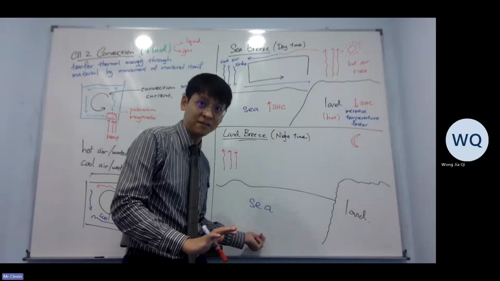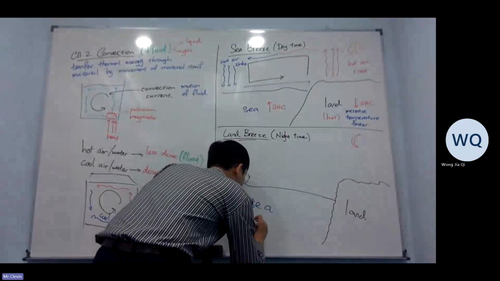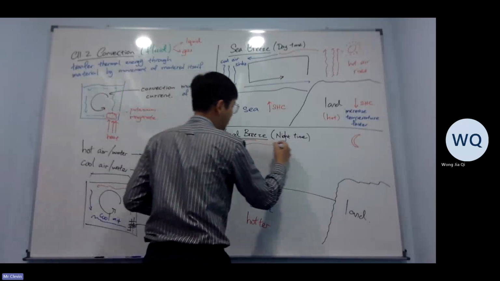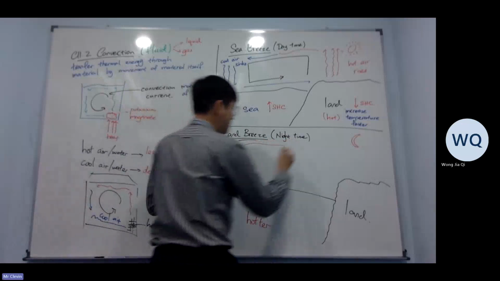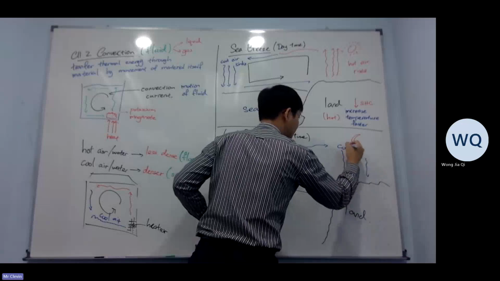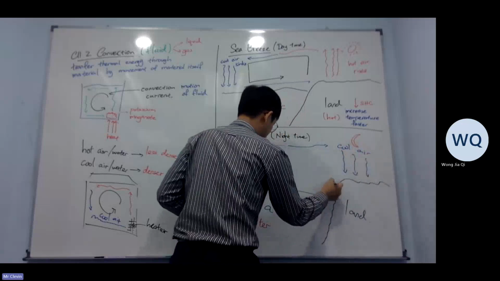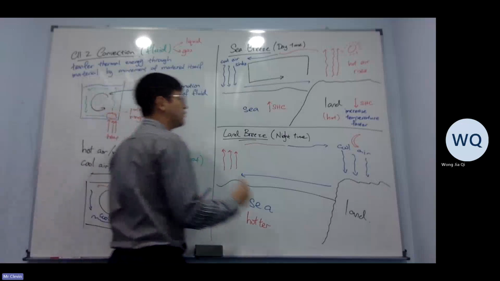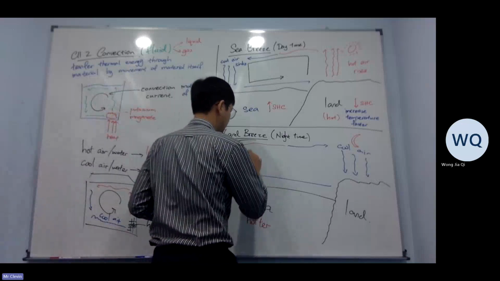So the sea is hotter than the land, and this hot air rises. So hot air will go to here and go to this situation. The cold air is denser. When the cold air is denser, therefore it blows in this direction. Therefore, the convection current is going this way.